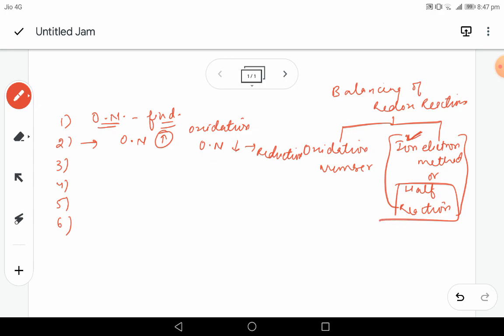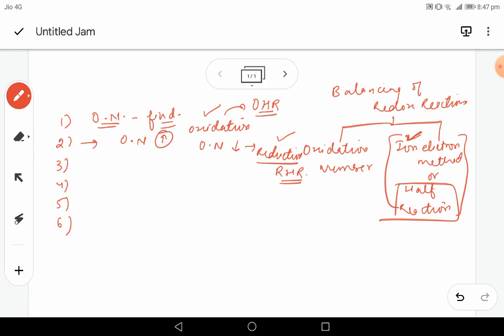Once we know where oxidation and reduction are going on, we divide our equation into two halves. For the oxidation part we write the oxidation half reaction, and for the reduction part we write the reduction half reaction. So we break our main equation into two halves.